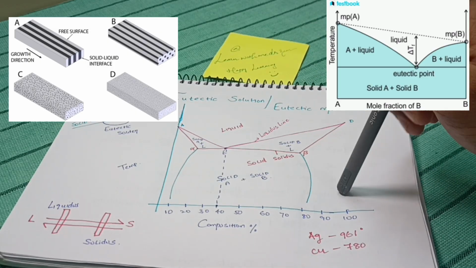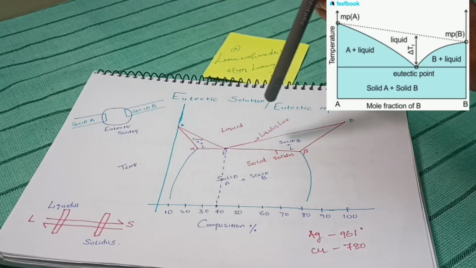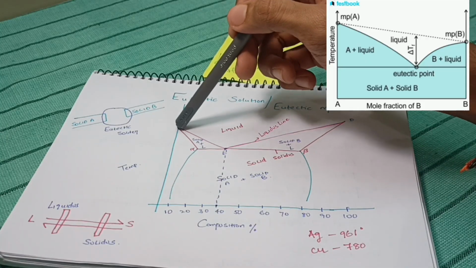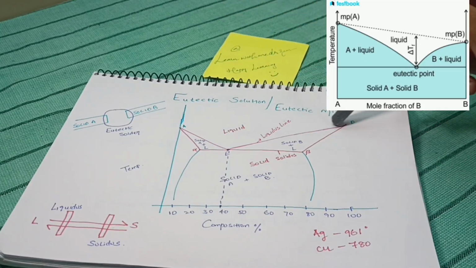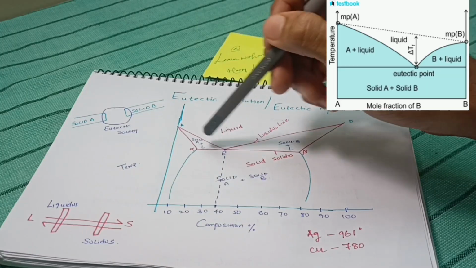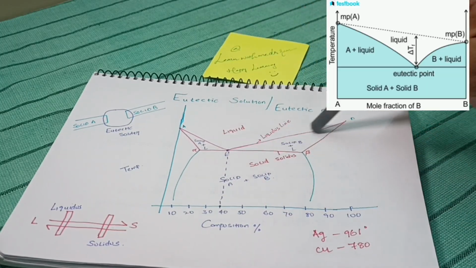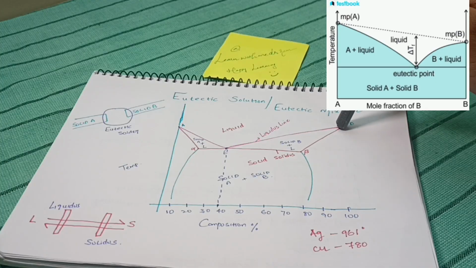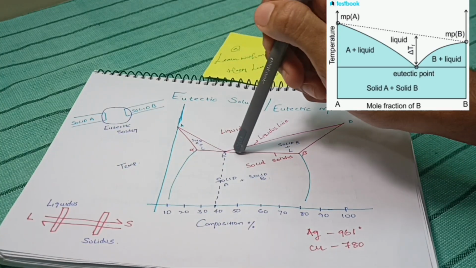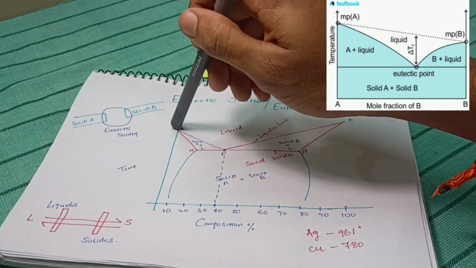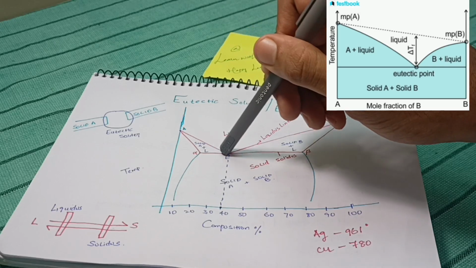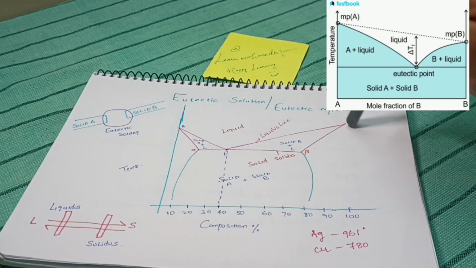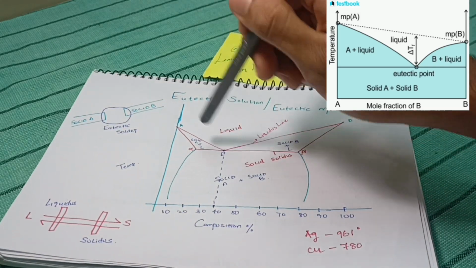There is this line in the graph. This line is known as the liquidus, where with temperature changes the metal A and metal B go from the liquid state and start forming the solid state.